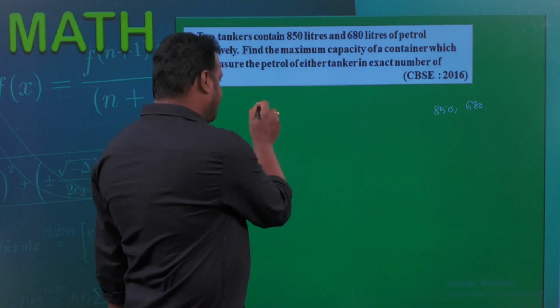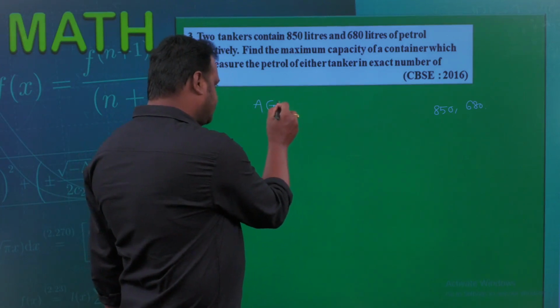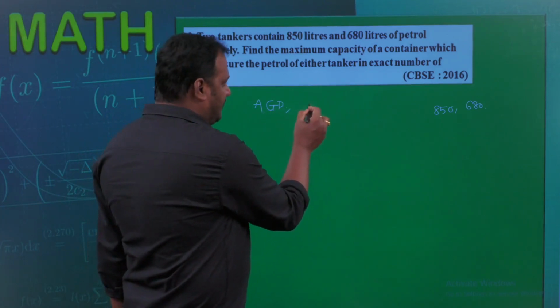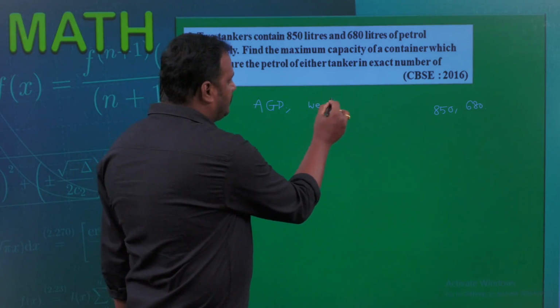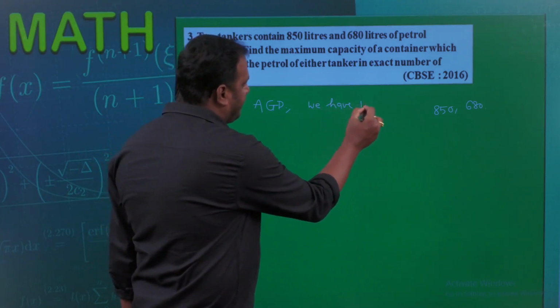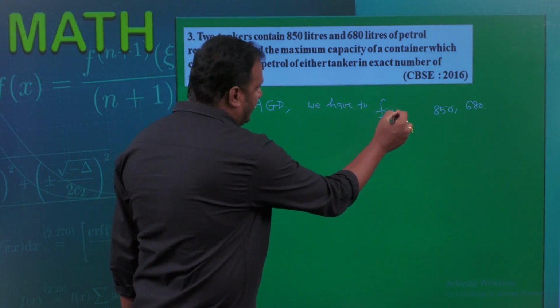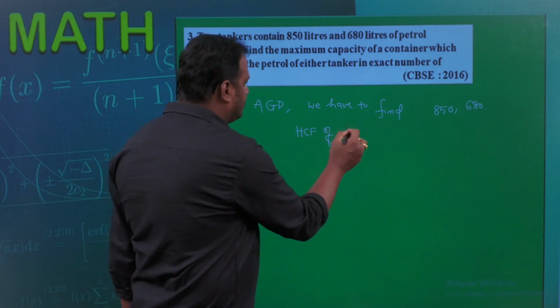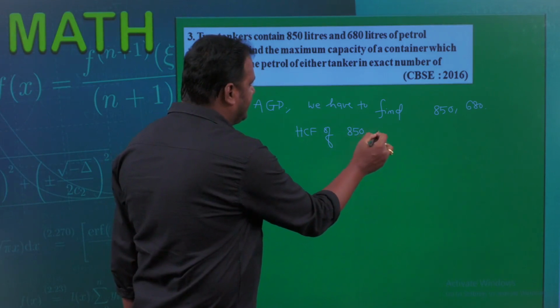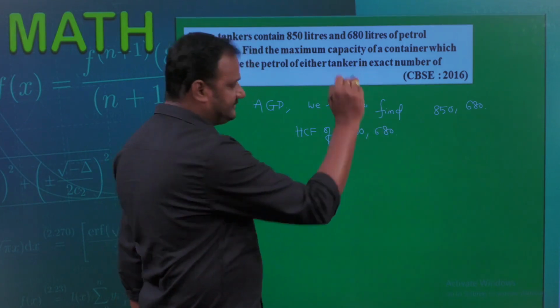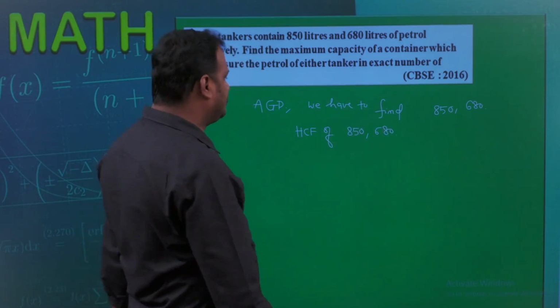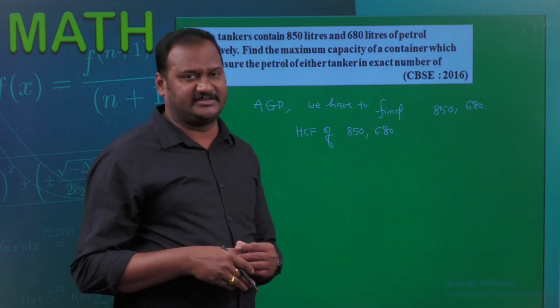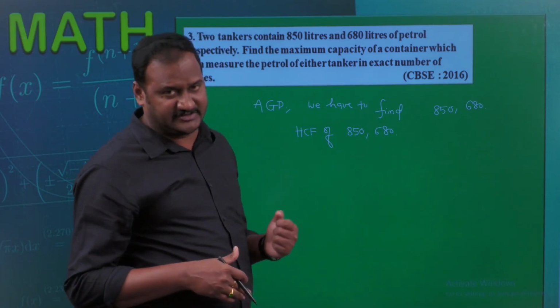So according to the given problem, we have to find the HCF of 850 and 680. You understand? Now you have many methods to find HCF. I'll go by the short division method.